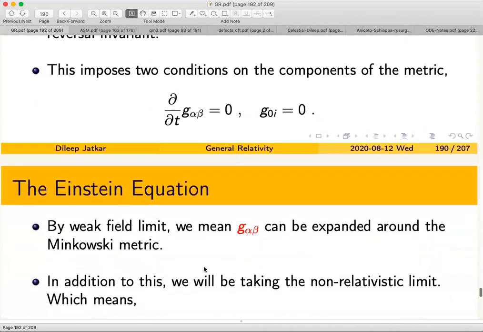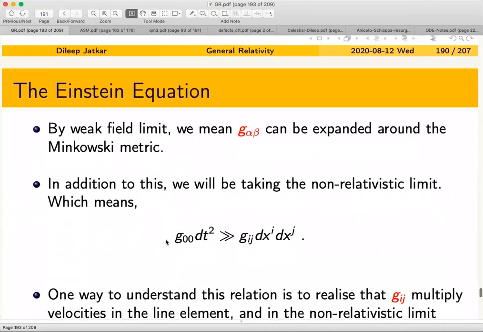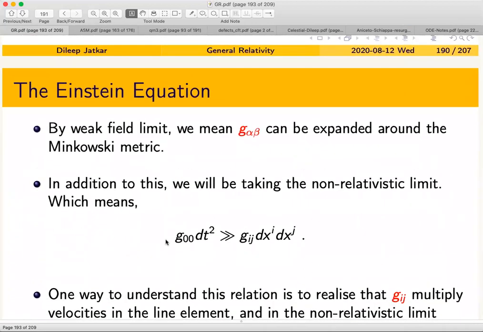But the purpose of defining this is that if you look at the weak field limit, by weak field limit we really mean that g_αβ is a small variation from the Minkowski metric. So g_αβ is not exactly η_αβ, but η_αβ plus some epsilon times something like h_αβ, and that is the quantity that we are interested in.